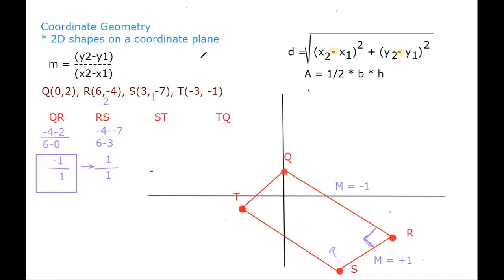Okay, so let's look at that one. So for S and T, we're going to use point number 1 and point number 2. So ST, just to find the slope, y2 minus y1 over x2 minus x1.